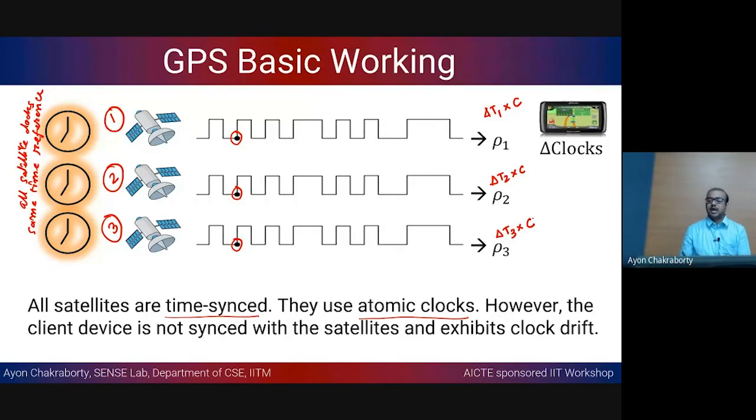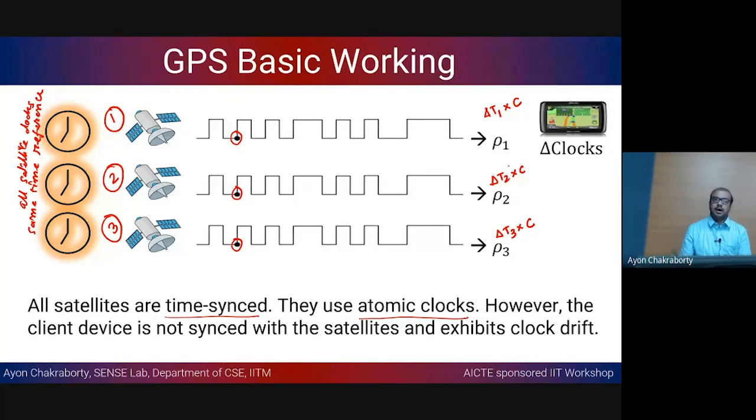Okay. So we have these 3 ranges, right, and these 3 ranges might not always be perfect, because our device clock is continuously drifting. So delta T1, delta T2 and delta T3 might not be directly comparable. Okay.